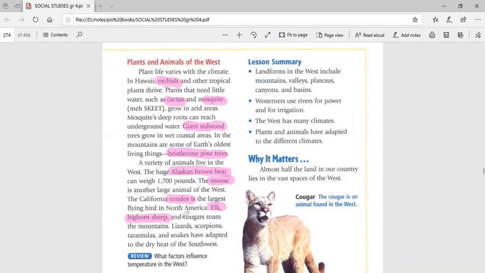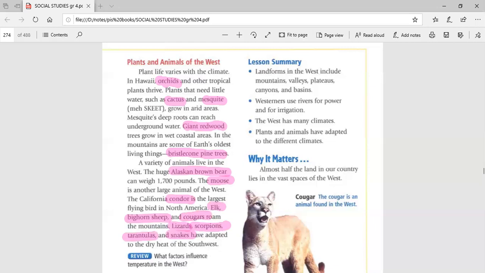We have cougars, which are something like cats. We have lizards, scorpions, tarantulas, and snakes. Okay, these are the animals that live in the West. What I want from here is just the names of plants and animals that live in the West.